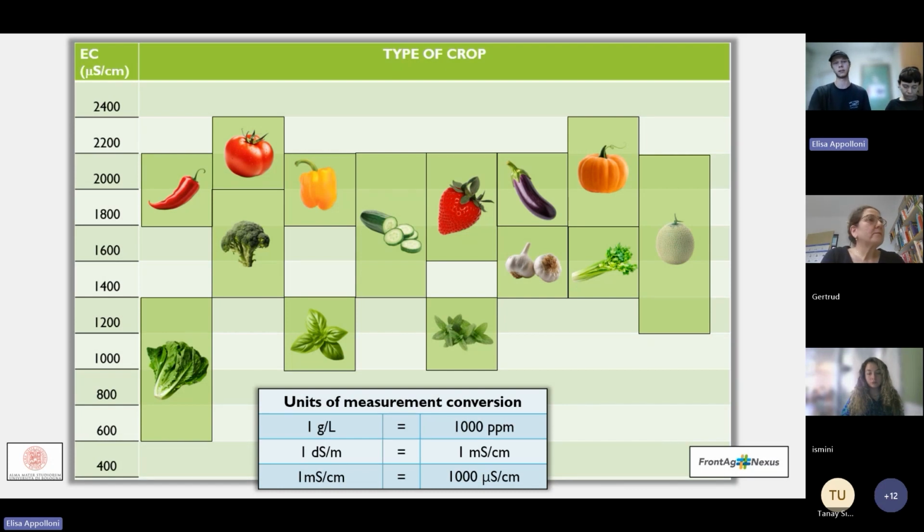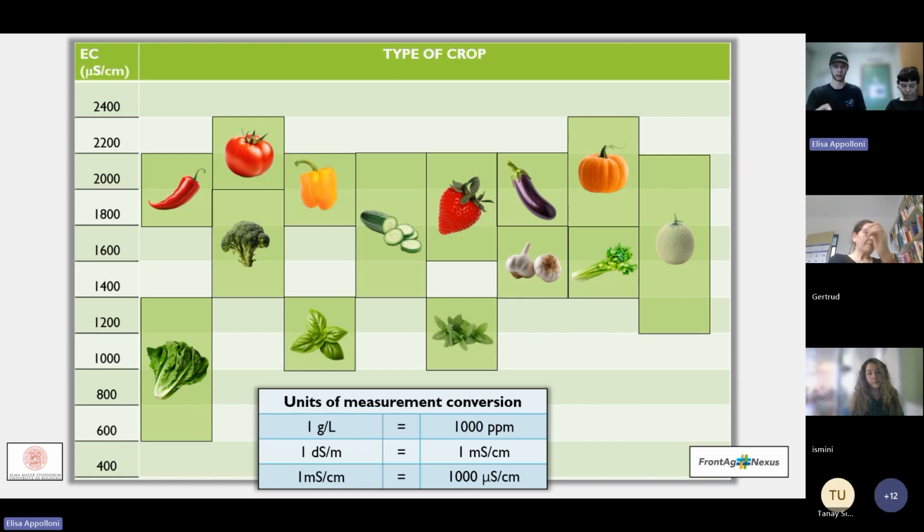On the bottom, instead, you can see the unit of measurement conversion, which is very important. And you can see that 1 gram per liter of a salt corresponds to 1000 ppm, which is parts per million.